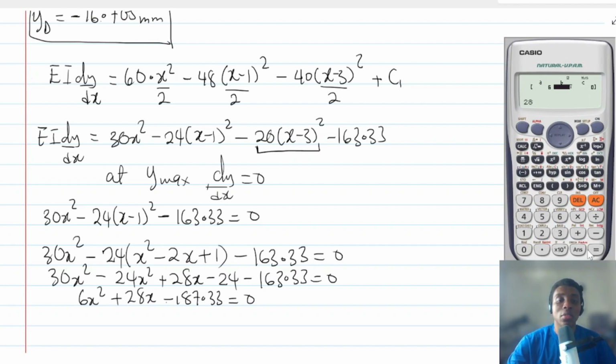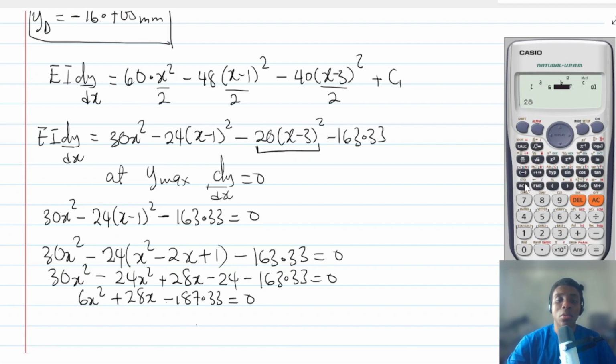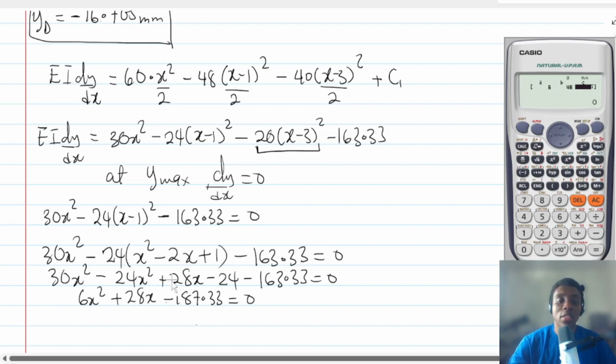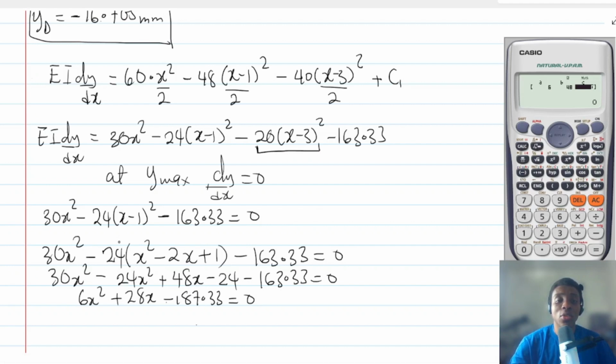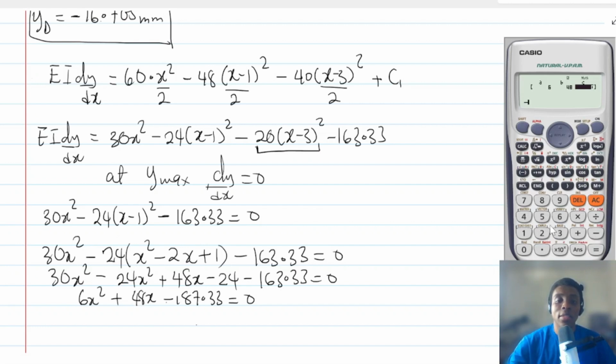Sorry, 24 times 2 is going to be 48, so this one is actually 48. And then minus 187.33.